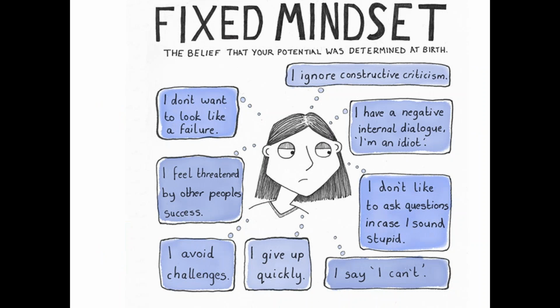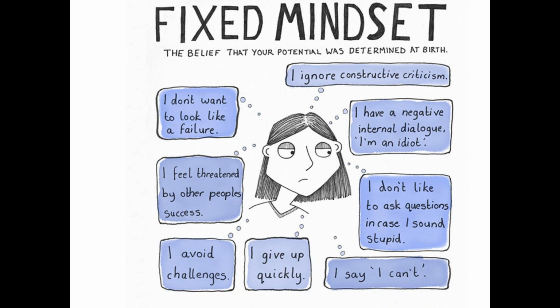And then I've also got this factor that affects learning, which is the fixed mindset. So if you imagine you've always had what's been going on before, you've always had that. I love this saying, the belief that your potential was determined at birth. It means that it doesn't matter what you do, it's not going to change. So they haven't got a growth mindset. They don't try challenges.